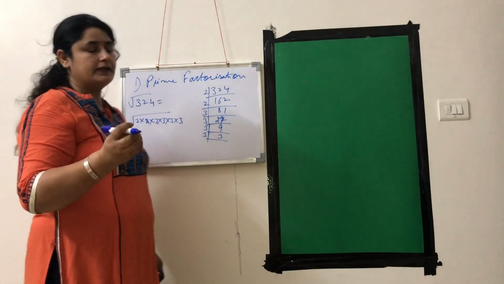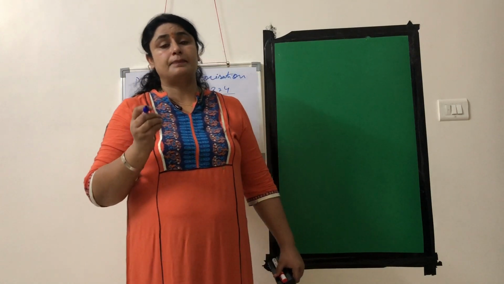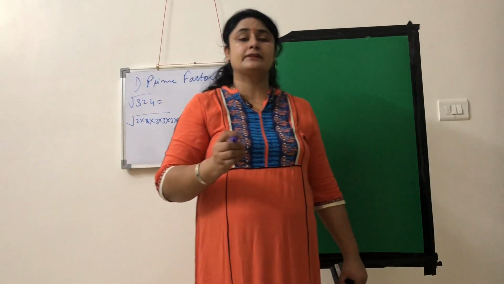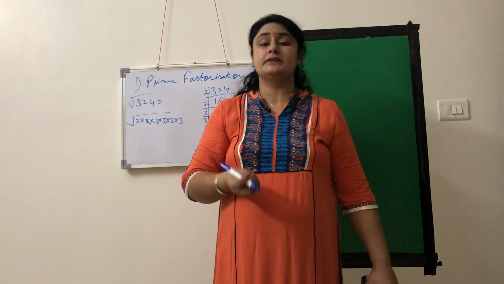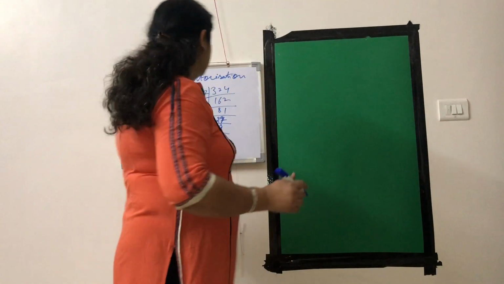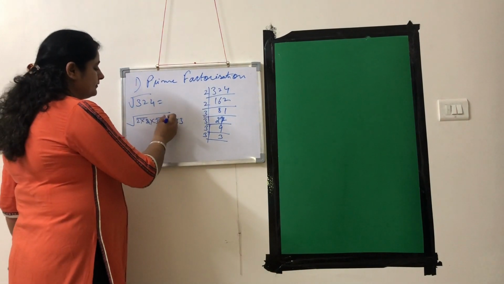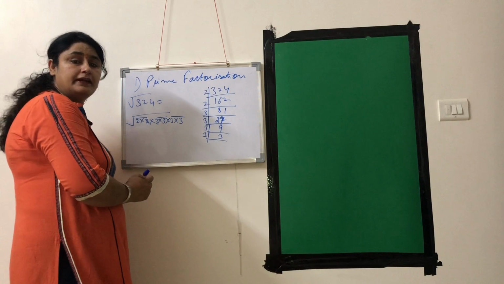One thing, students, you can always keep in your mind: the prime factors in the factorization of a square number always occur twice. So from here you can check there is a pair of 2, a pair of 3 and a pair of 3 again.